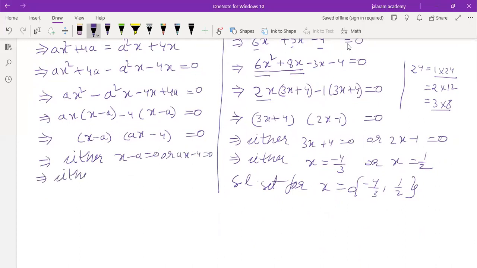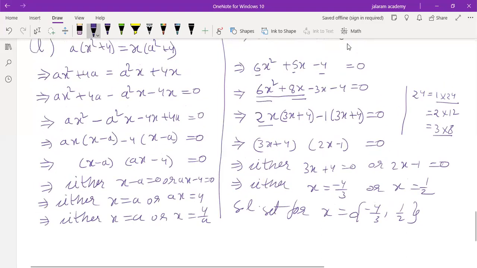It implies either x equals to a or x equals to 4 by a. Is that clear to you? We have to find the values of x.